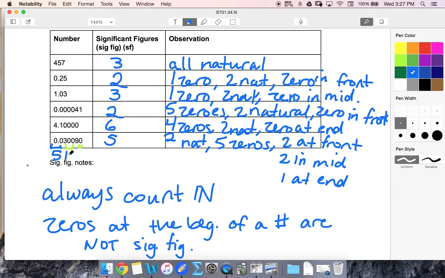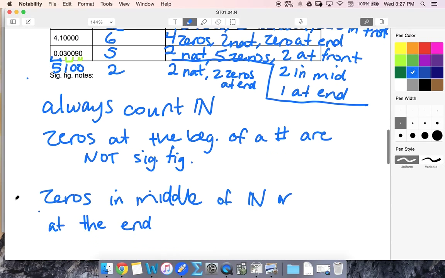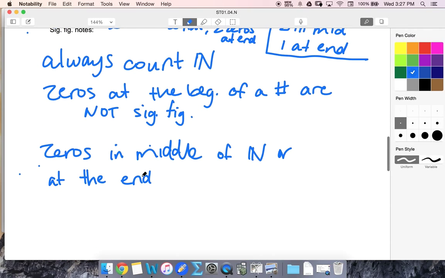If we had 5,100, this only has 2 significant figures, and I've got 2 naturals, 2 zeros at the end. But this is a different case because now I have no decimal places. So zeros at the end of a number with decimals, those are significant.